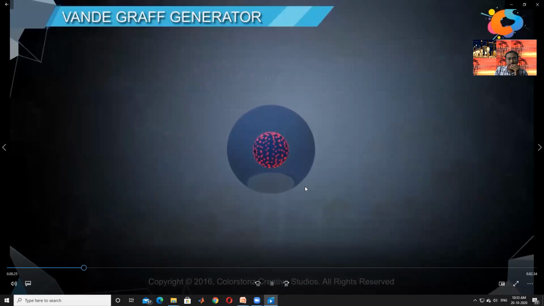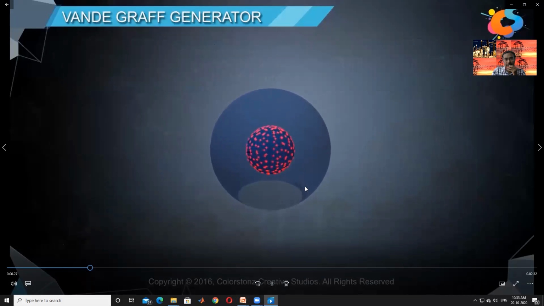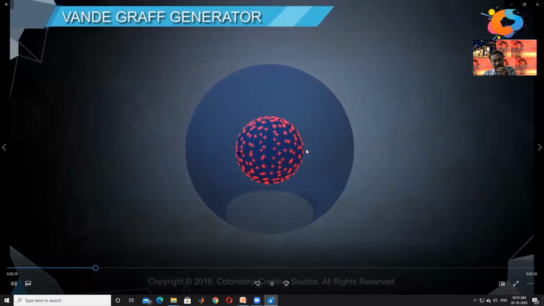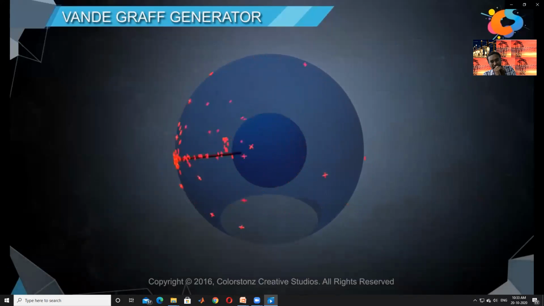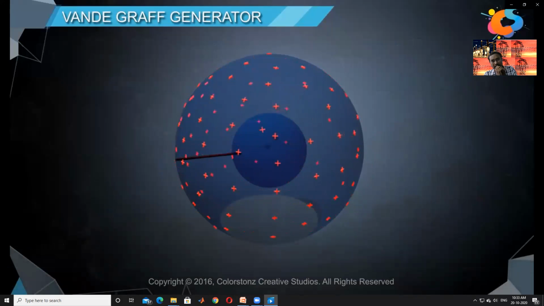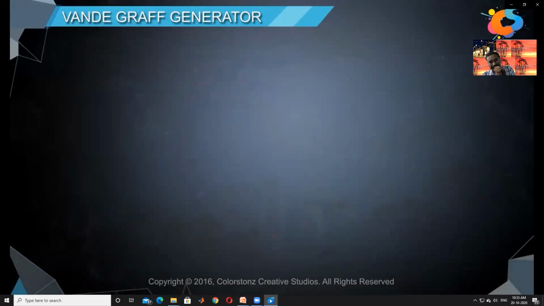It is based on the principle that if a charged conductor is brought into internal contact with a hollow conductor, all the charges from the inner conductor are transferred to the surface of the outer conductor, no matter what amount of charge is already present on the outer shell.